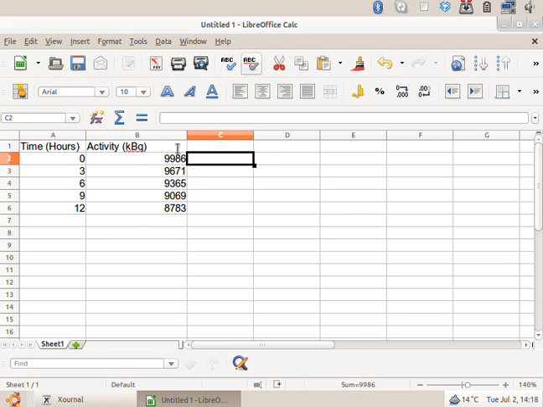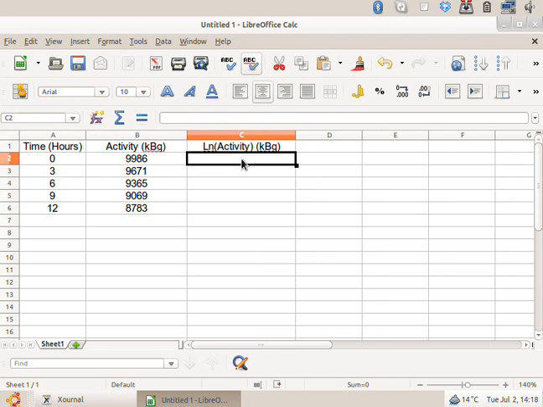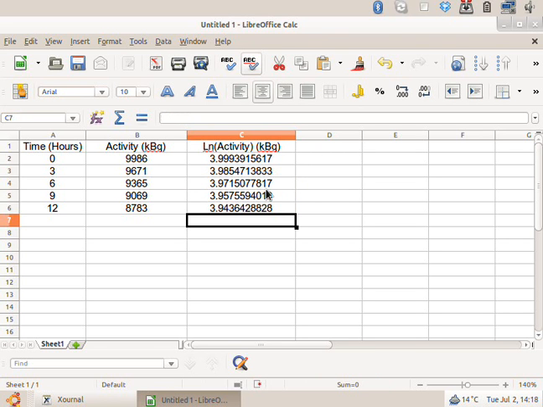And then here, this is what they want you to do, is log of the activity. So I'll just there we go. Now I have the marking scheme here, so let me just check that that's right.